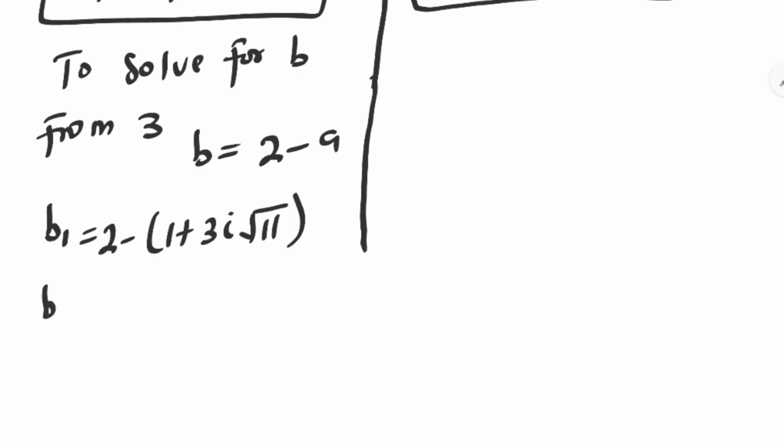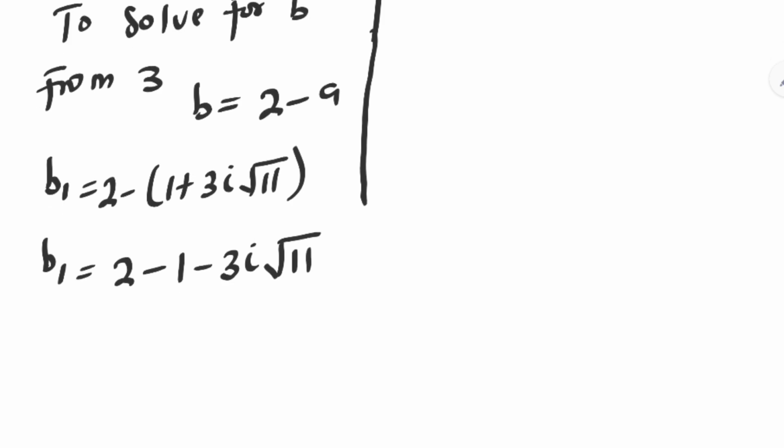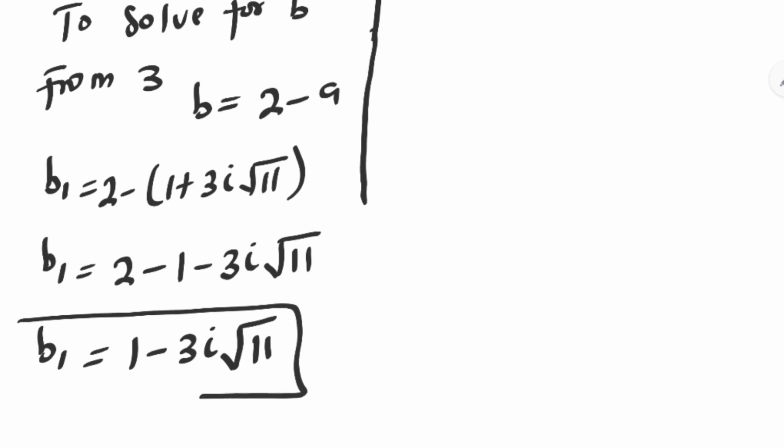Then B1 is equal to 2 minus 1 plus 3i root 11. Then B1 is equal to 2 minus 1, this is 1 minus 3i square root of 11. This is the value of B1.